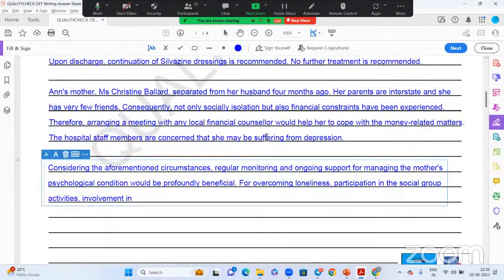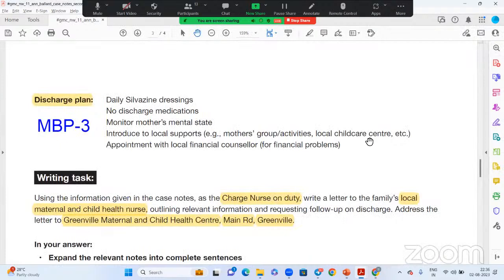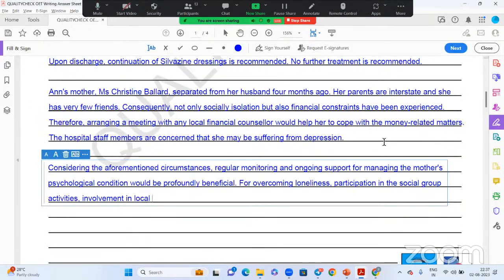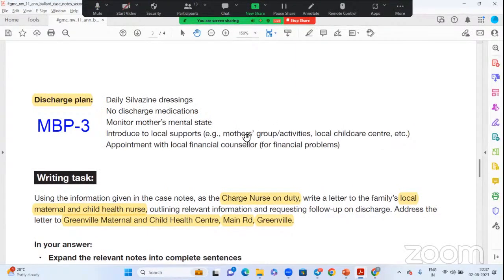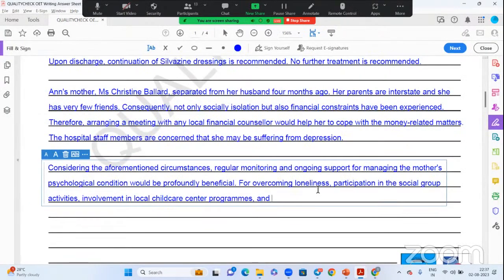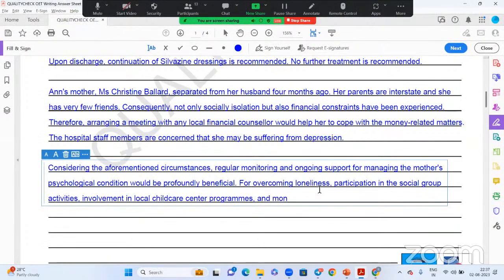connecting to the mothers groups, participation, involvement in local child care center programs, activities, and mothers groups projects would be recommended.